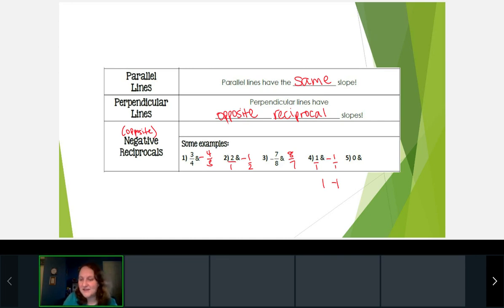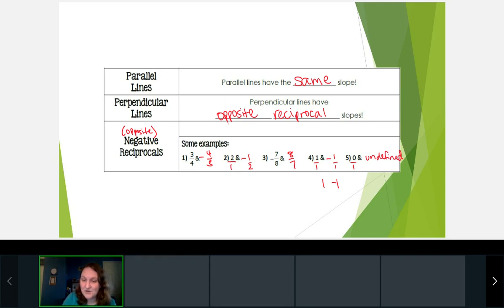And now here's another one that's kind of tricky. 0 and what? What do you think? Think about what's in the denominator and what happens when you flip them for the reciprocal. It's not 0. Nashmia, you got it. It's undefined.